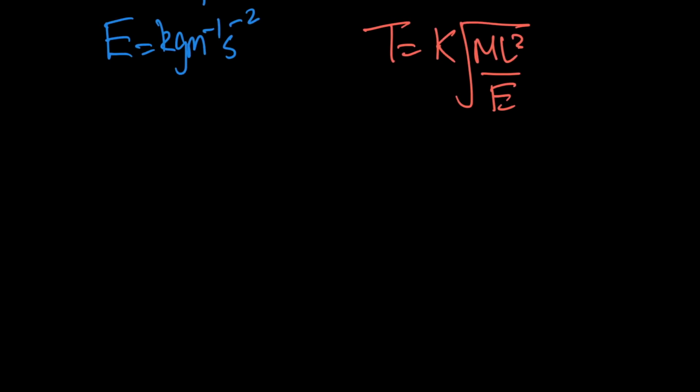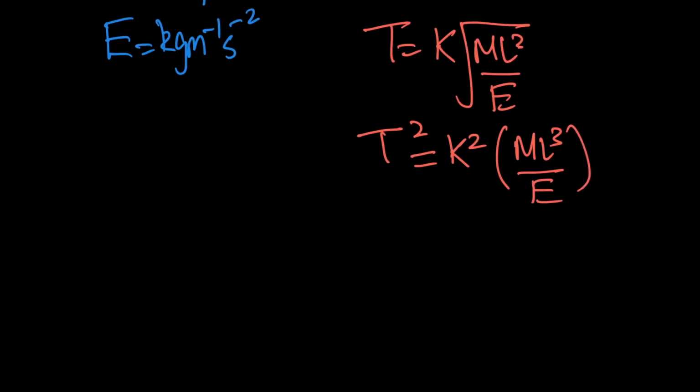So, when you square both sides, you will get T squared is equal to k squared bracket ml cube over E bracket shut. Do not forget to put the square on k. A lot of kids forget this square. Do not forget it. Now, let's substitute the units.